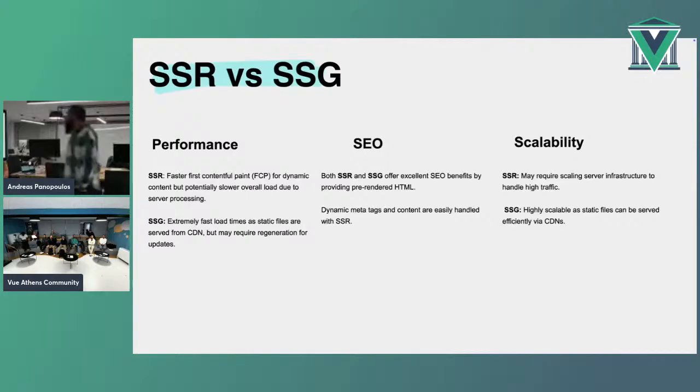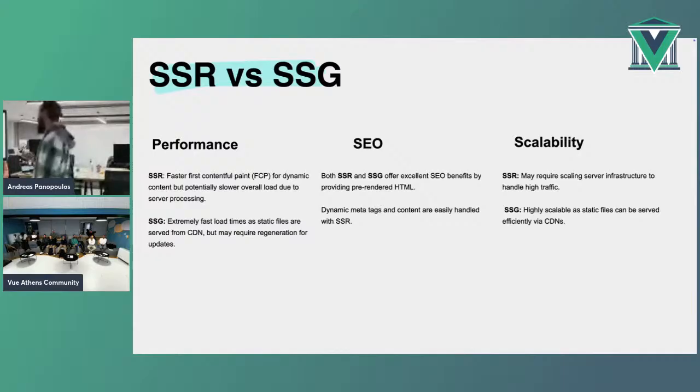So, side by side, the two techniques regarding performance: in server-side rendering, we have a faster first contentful paint, and we can serve dynamic content. In static generation, we again have extremely fast pages, but it may require regeneration of some pages in order to update their content and make it dynamic.